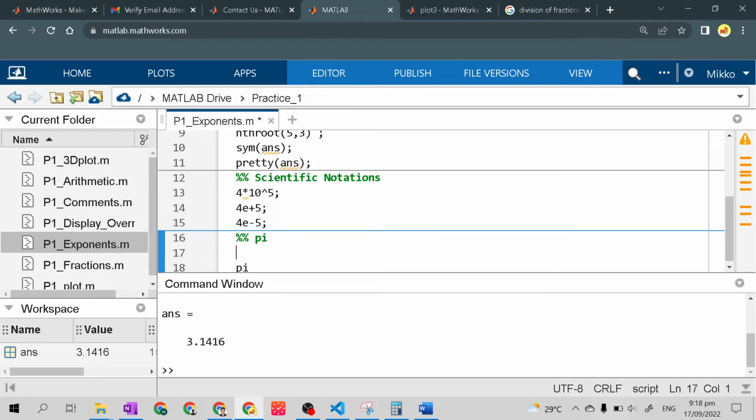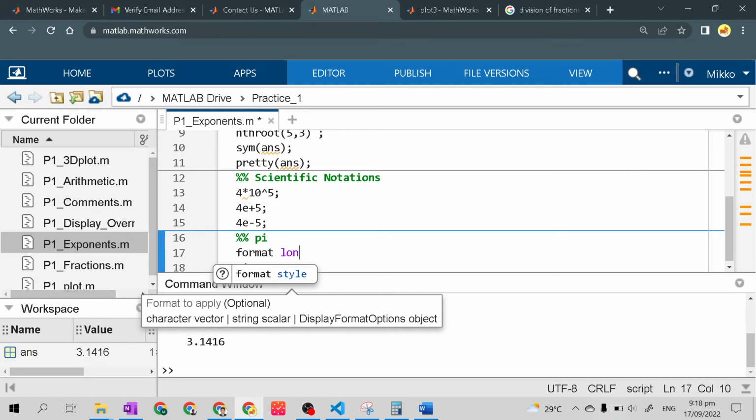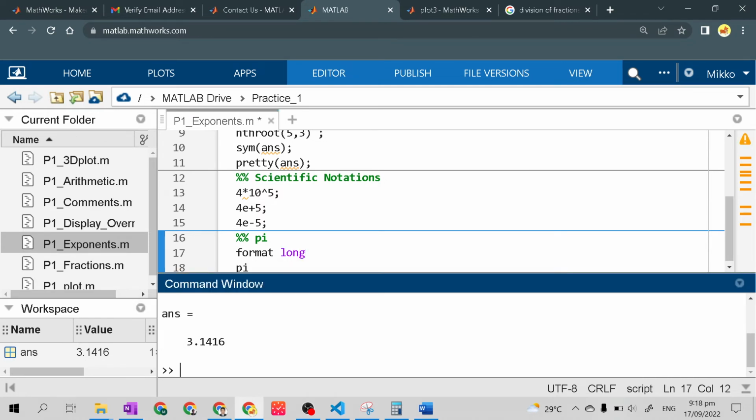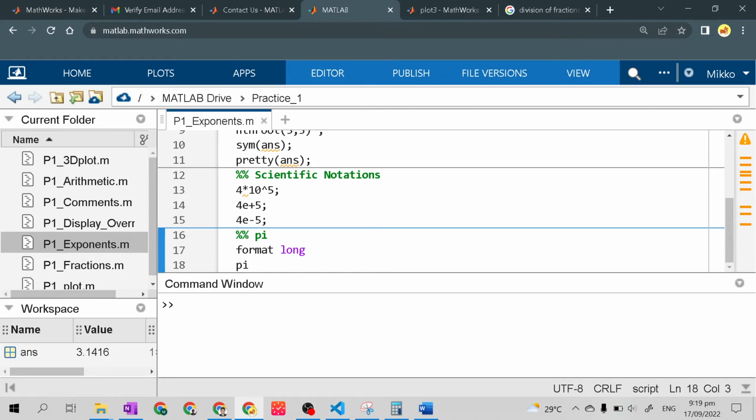If you want the longer format for pi, just use format long. Because pi is infinite, at least if you just want to have a long pi. Okay, so F5.